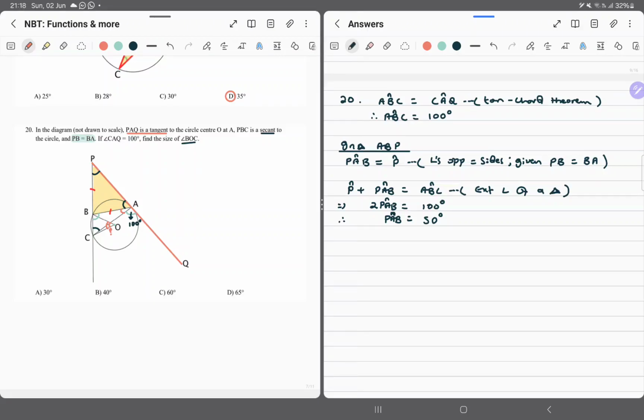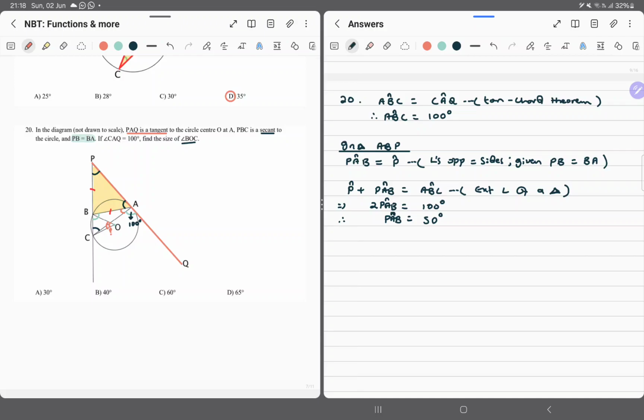Now, we have a big story yet to still tell. We must tell them stories, because if we don't tell them stories, what are we going to tell? Nothing.